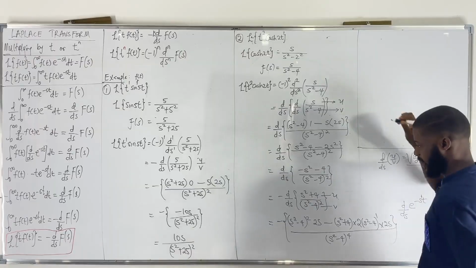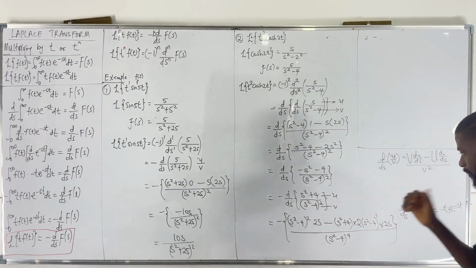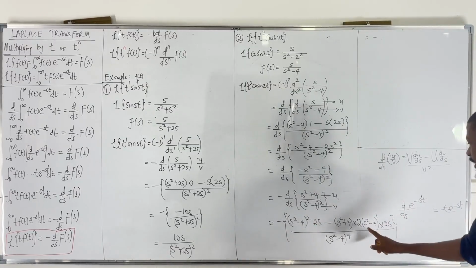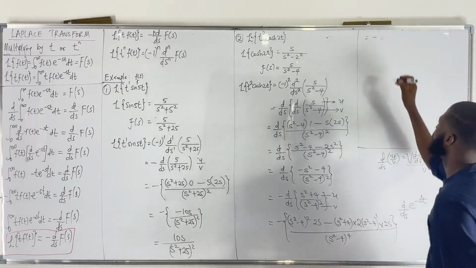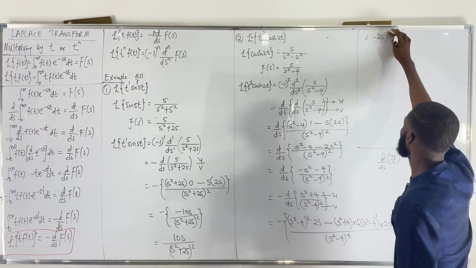Okay, so this is a minus. Now if you look at the numerator, 2s is common on both sides, and then s squared minus 4 is also common. So I want to bring it out. So this will be minus 2s bracket (s squared minus 4).